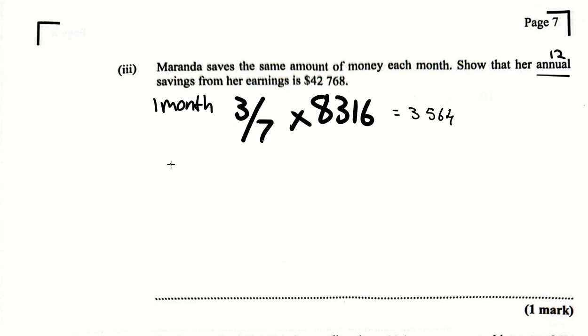So annually means 12 months. If 1 month is equal to that, then 12 months would be 3,564 times 12. And you're supposed to get this amount, which you do when you multiply it. $42,768 is her annual savings.